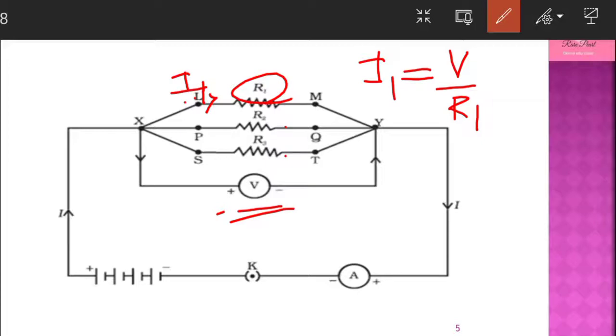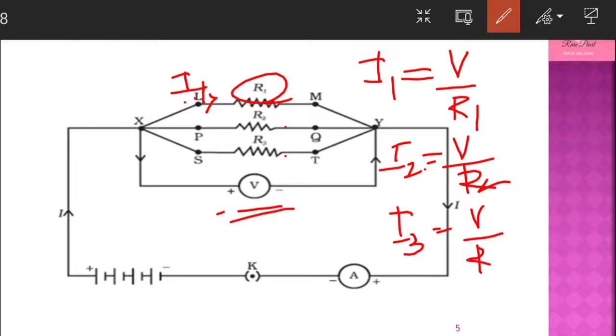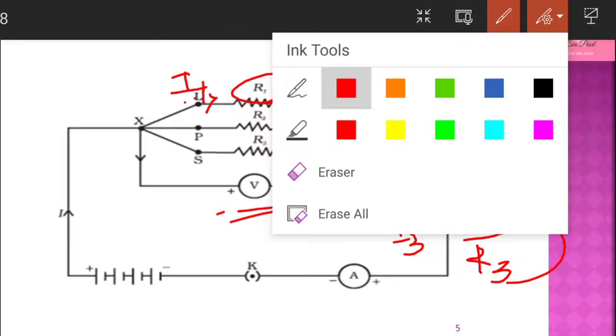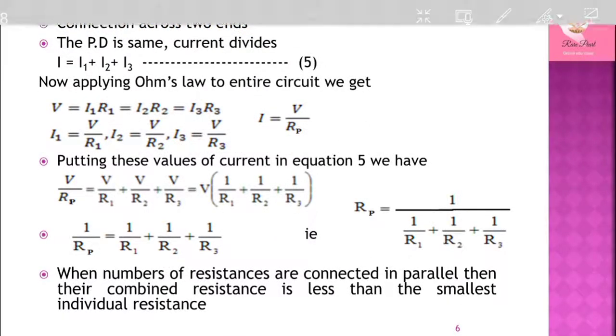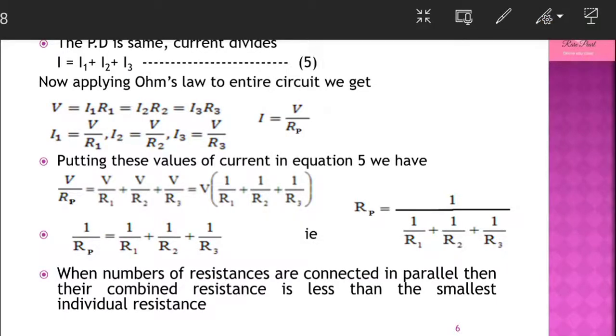Similarly, I can write for the current flowing in the R2 resistor, V divided by R2. Similarly, I3 is equal to V divided by R3. Okay. So now we need to substitute all these expressions in equation number 5. See here, in equation number 5.